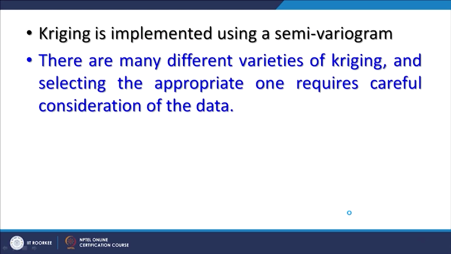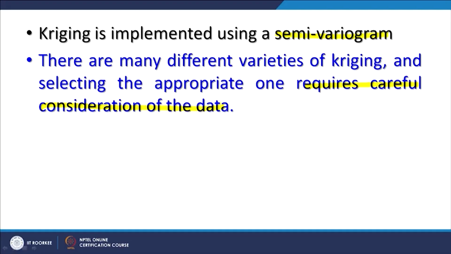Kriging is implemented using a semi-variogram, and many different variants of kriging exist, and many of them have been implemented in many GIS software. Selecting which one is the most suitable for my input data set can sometimes be very challenging, and therefore it requires careful consideration of the data.